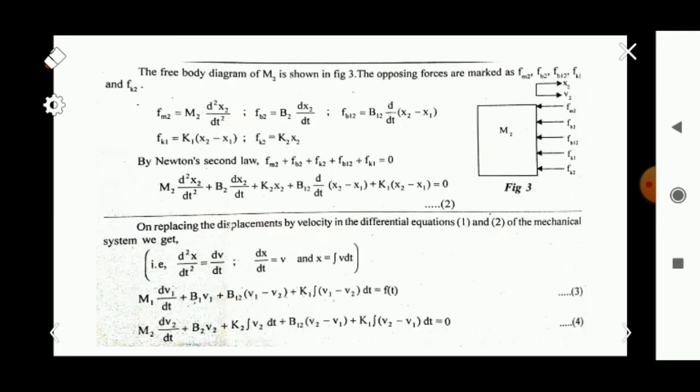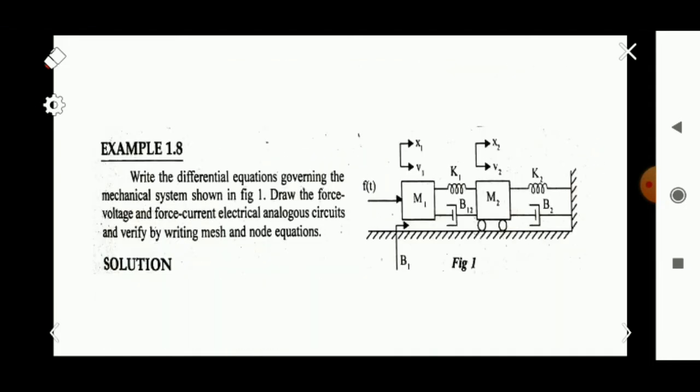Okay, so it is drawn here: Fm2, Fb2, Fb12, Fk1, and Fk2. Okay, and in that, this K1 and B12 are common for these two nodes. Okay, all the other three, K2, B2, M2, are independent of this, that is, they depend only on this node M2. Okay, K1 and B12 are common.